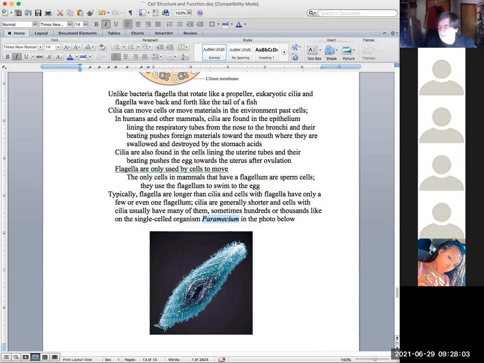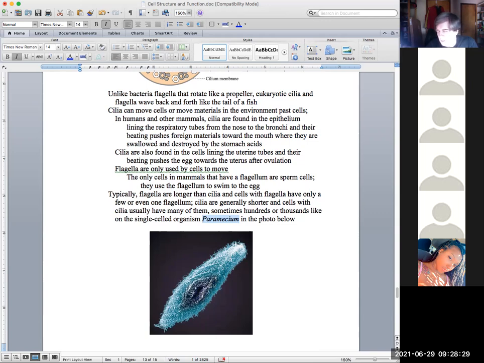The other place where you find cilia in the human body is in some place called the fallopian tubes. And the fallopian tubes are two tubes, one on the left side, one on the right side. They're only found in women. And the fallopian tubes connect the ovary to the uterus. Now, the ovary is where the egg is produced.